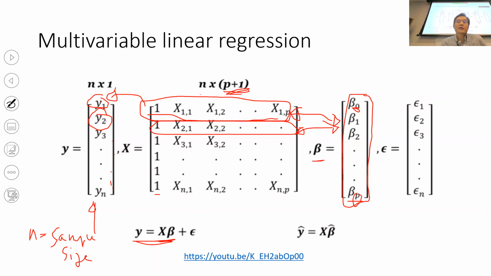And then the dimension of beta is p plus 1 times 1. If you do this multiplication, you end up with a vector that is n by 1.